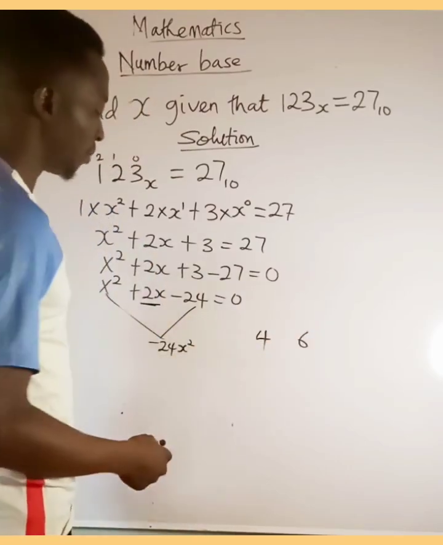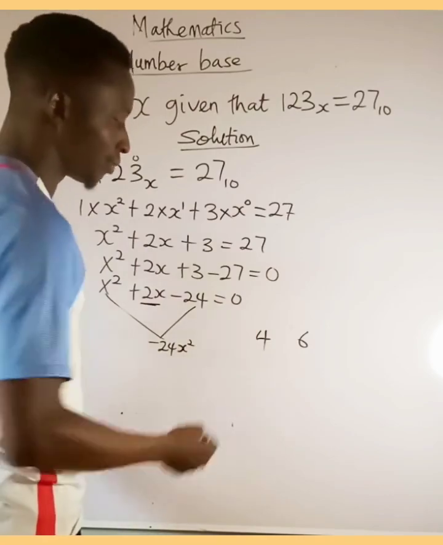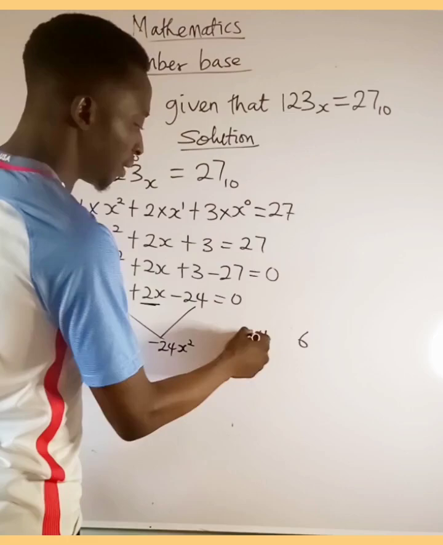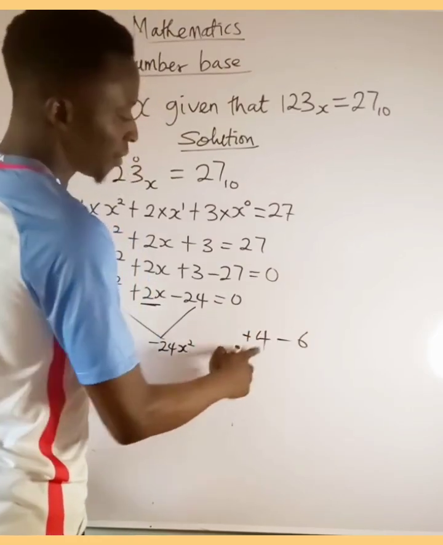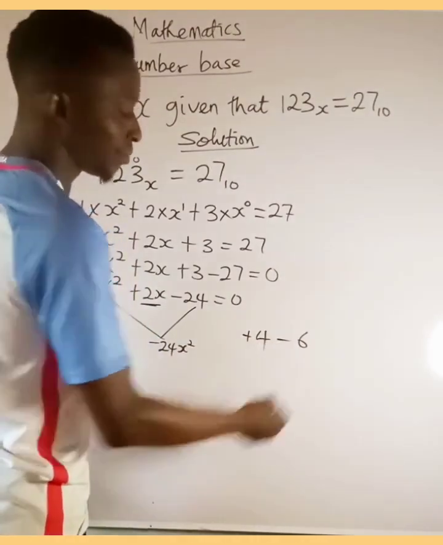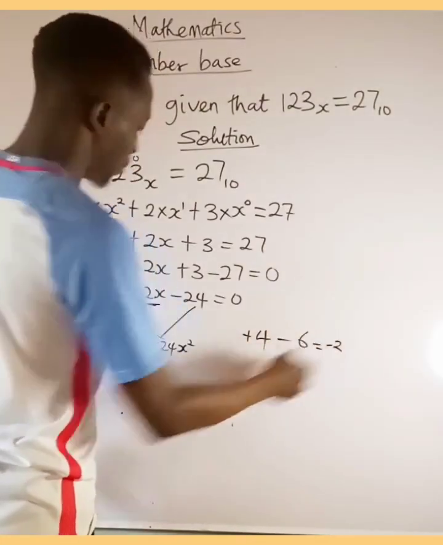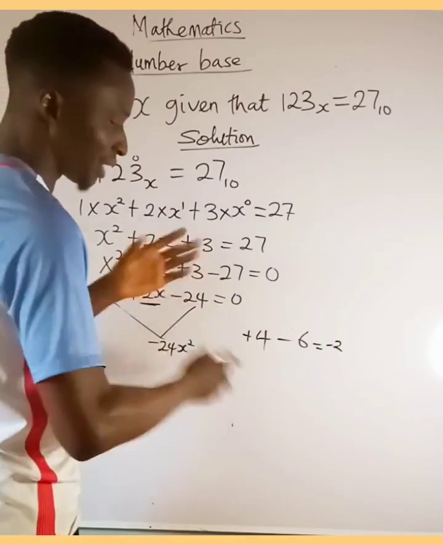Now, which one will carry the negative sign? If I apply positive to this side and minus to the other, plus 4 minus 6, I will definitely get minus 2. But what we want is plus 2x, so you interchange the signs.